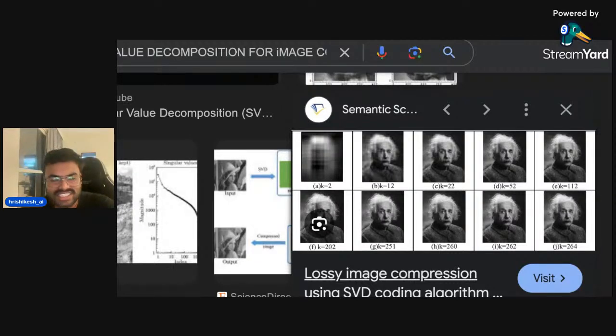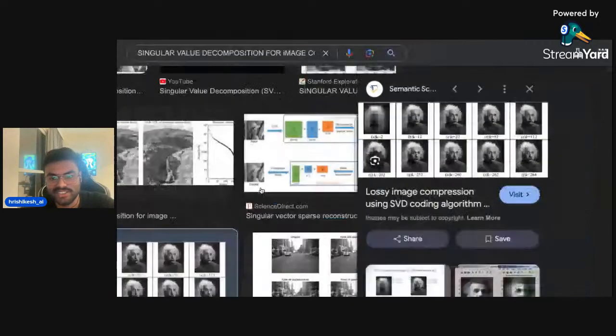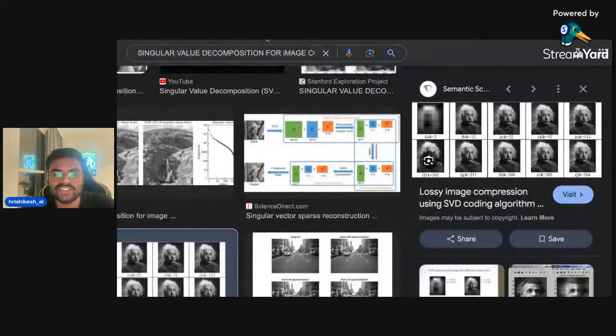The rows which have less information, we just reduced those, and you can see a lot got reduced. So this is an application of SVD, but SVD is a stage in developing PCA. So this is one step, but this step also has a lot of applications.